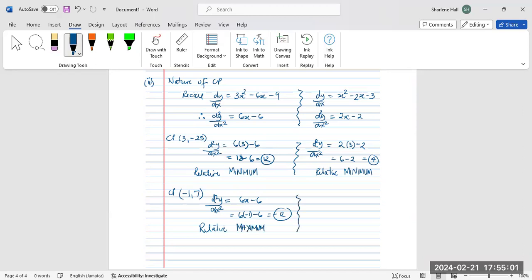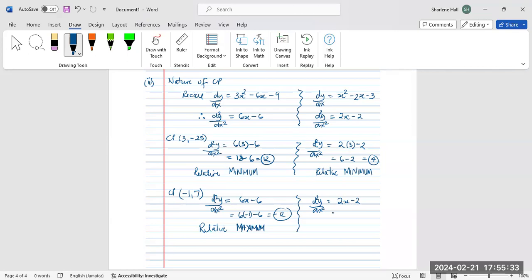And if I'd done it the other way, where d squared y by dx squared is equal to 2x minus 2, am I correct?